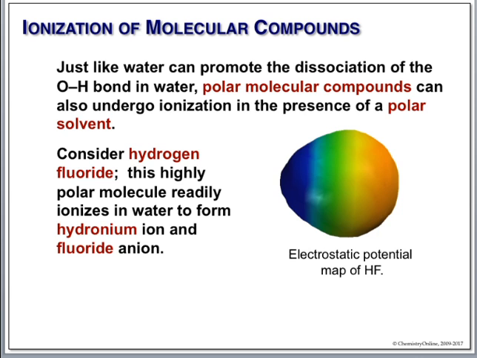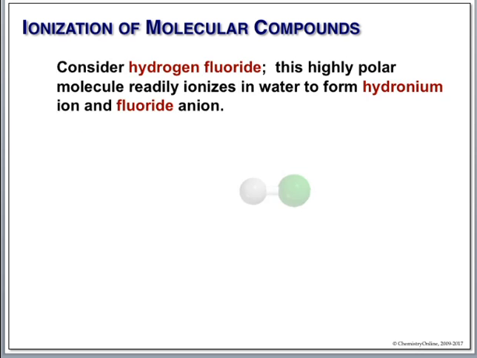If we take something like HF with a real covalent bond, we see exactly the same thing that we saw in water itself. That is, HF, here's the water, and they're hydrogen bonded, right? What can happen is this hydrogen can be transferred from the HF to the water.